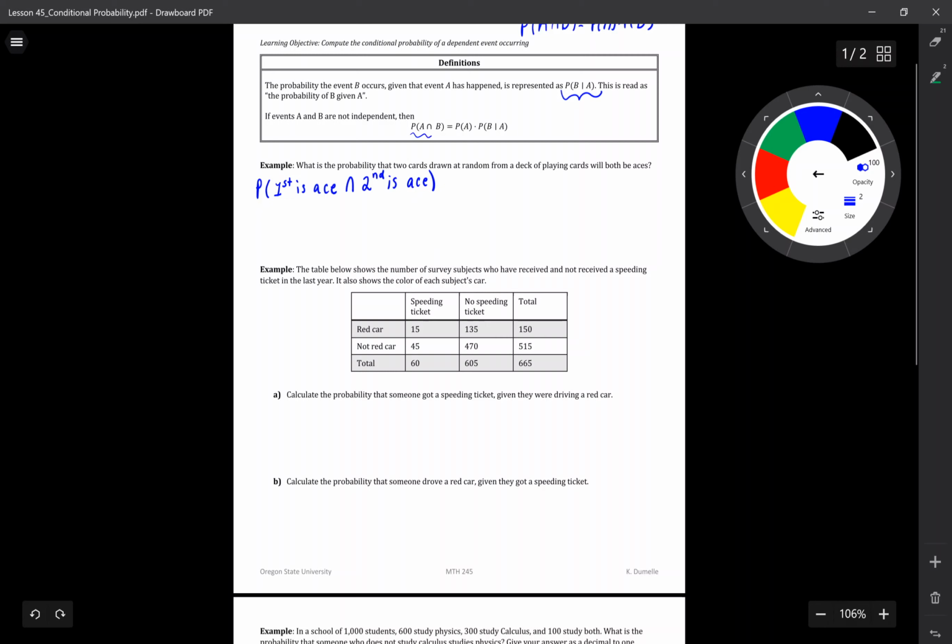Looking at this equation, I can write this as the probability of event A, the first card is an ace, multiplied by the probability of B given A. In this case, B is the second is an ace, given that the first is an ace.